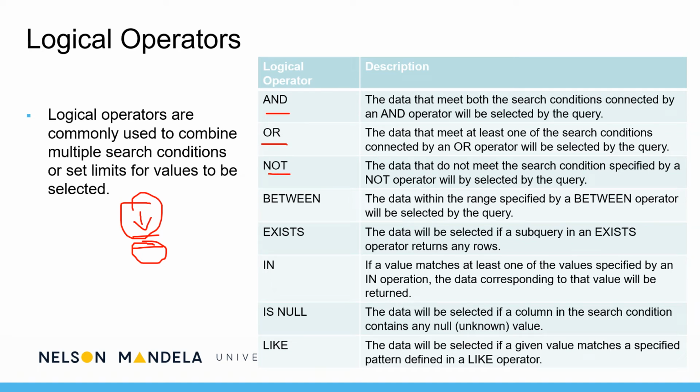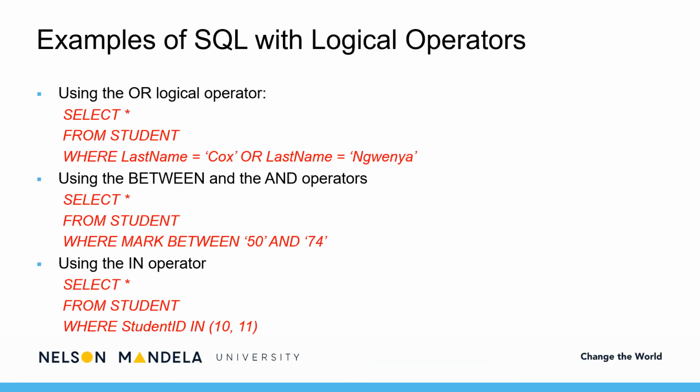And then not works against that, and then between, you use for ranges. If you're selecting all from student, you start with the between, and then say you're selecting marks between 0 and 49, and you need to use the and. Another one is the like, which matches specific values or characters in data.